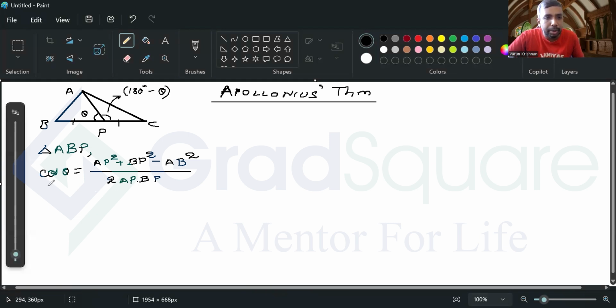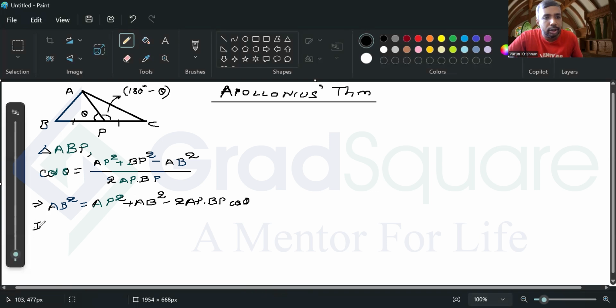If I cross multiply the denominator to the other side, and if I take AB square to the left side and the cos theta term to the right side, then we'll get AB square is equal to AP square plus BP square minus 2 AP into BP cos theta.